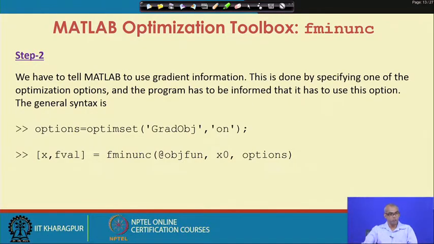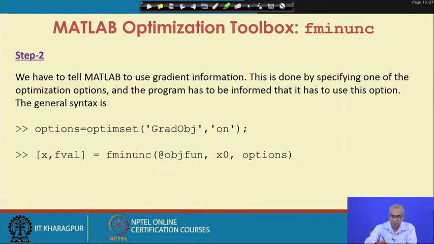Now, in step 2, we have to tell MATLAB that the solver fmin has to use the gradient information. This is done by specifying one of the optimization options, and the program has to be informed that it has to use this option.